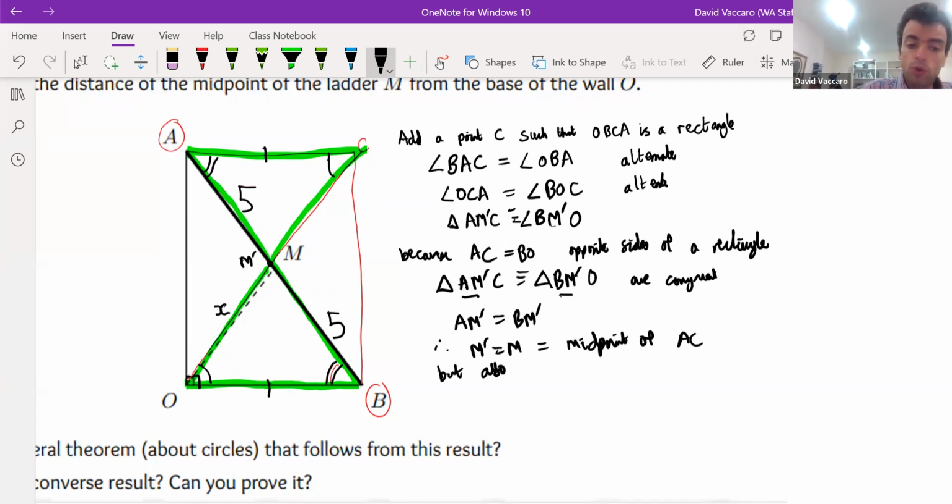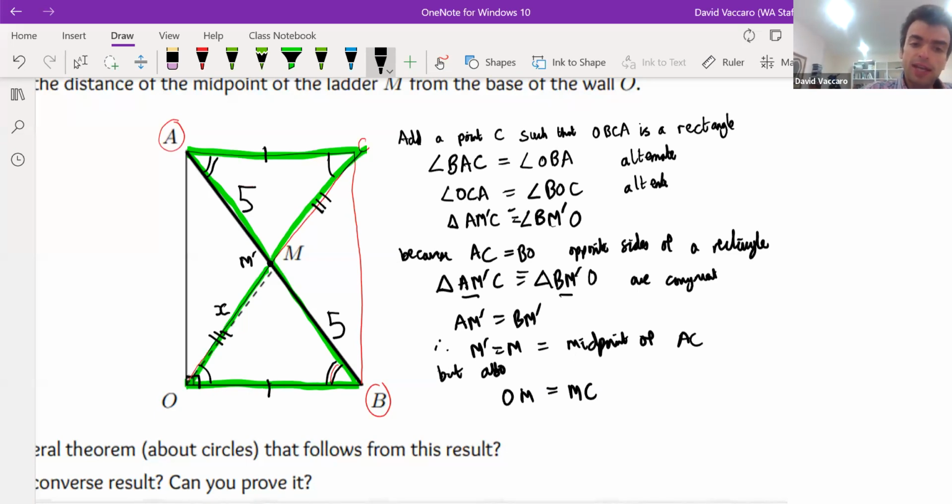Again, by the same congruent triangles. But now we've got yet another pair of congruent triangles, and I won't write it out so carefully. But ACO and BOC, they're also congruent.